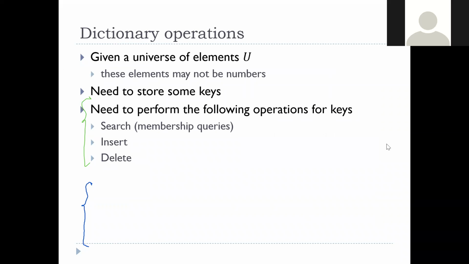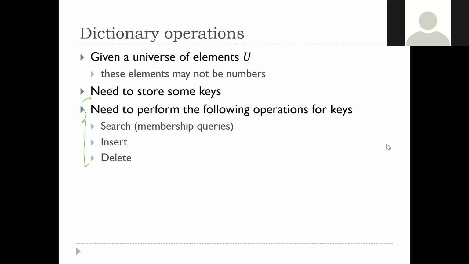For example, suppose you know that the only operations you need are the so-called dictionary operations. Suppose we're given a universe of elements U, imagine that these are all the possible words in the English language, and suppose you want to store a subset of them. Say you want to store all the words that appeared in a specific paper.